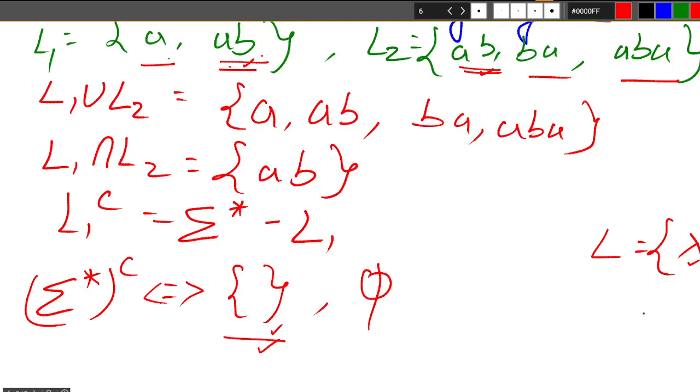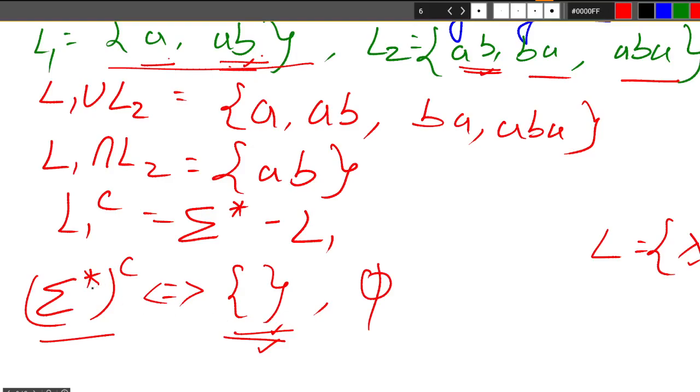Lambda is a null string or empty string, you can also think. Since language is a set, this is the universal language, a set of all possible strings on the alphabet. You are taking the complement of it, so you will get no string, but still you will get an empty set.